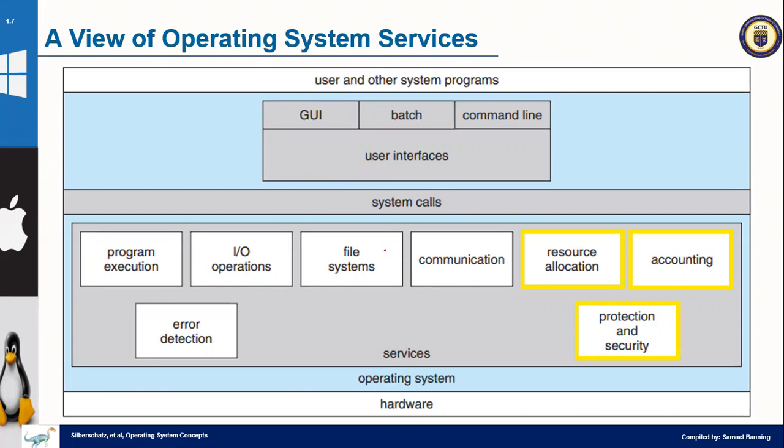If it needs to access the file system, it is done through system calls. So all these services are executed or accessed with the help of system calls. Then we have the various user interfaces, the GUI, the batch, and the command line. So this is the overview of the operating system services.